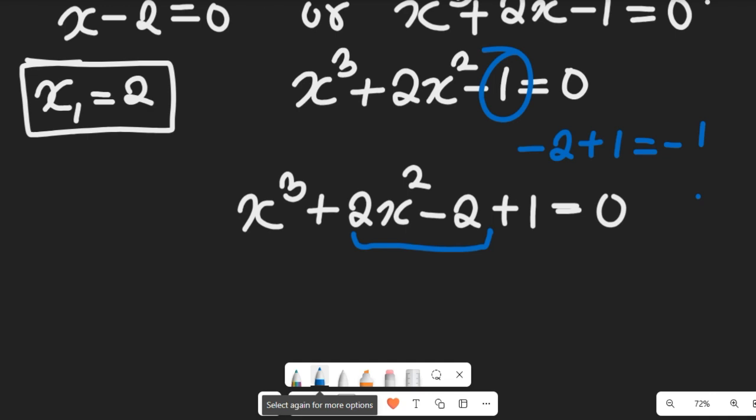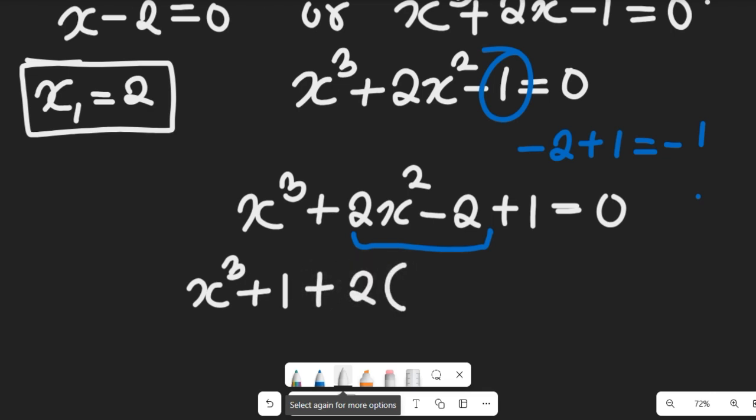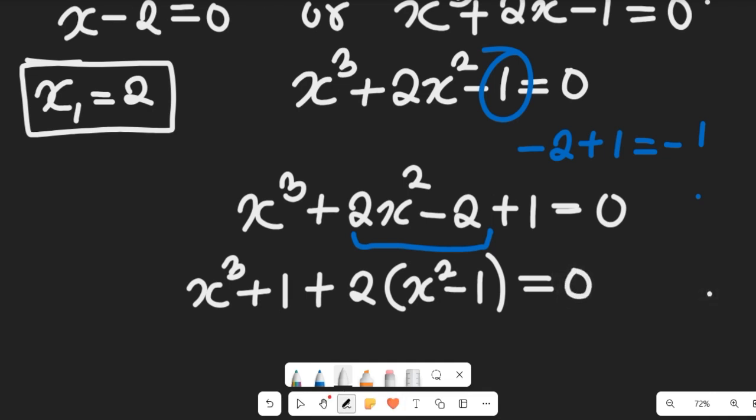Now if I simplify those two expressions, recalling some laws of algebra, this becomes x to the power of 3 plus 1. Simplifying this, I can have 2 being common, that will be plus 2, and this will be x squared minus 1, right? And this whole thing will be equal to 0.